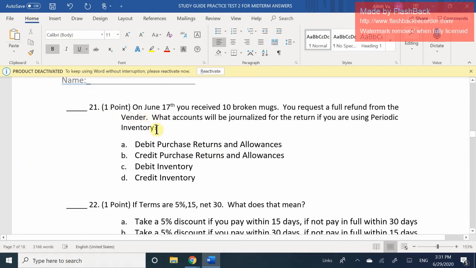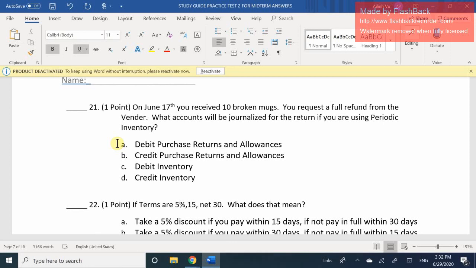What accounts will be journalized for returning these items to inventory? Would you A, debit purchase returns and allowances? B, credit purchase returns and allowances? C, debit inventory? Or D, credit inventory?